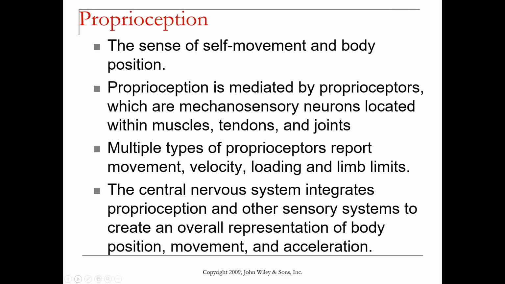Proprioception is the movement of our bodies and our awareness of our position in space at all times. We know where we are without having to look. We have proprioceptors embedded in our muscles, our tendons, and our joints that tell us where we are. They tell us our movement.